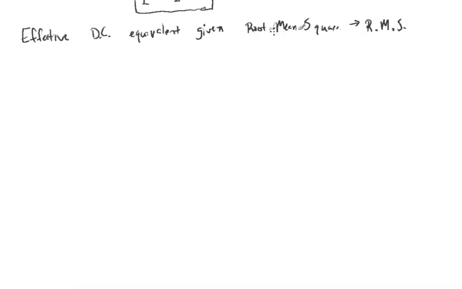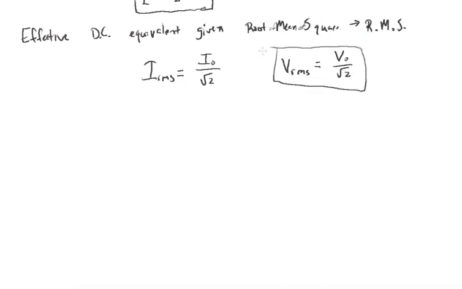So it's the root of the mean of the square, shortened to root mean squared, or just RMS. For current, the RMS is I naught maximum, so maximum over square root of 2. And similarly, the root mean square voltage is V maximum over square root of 2. And so these are the two equations that you'll be given.